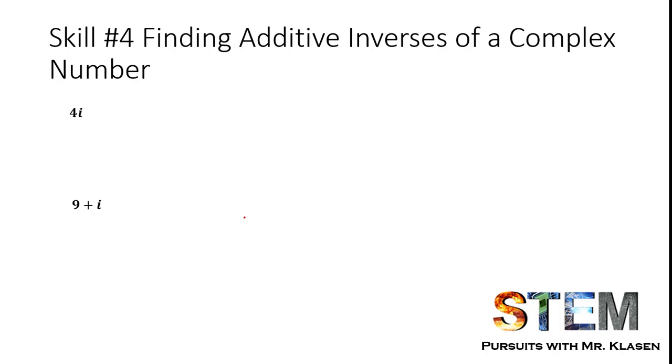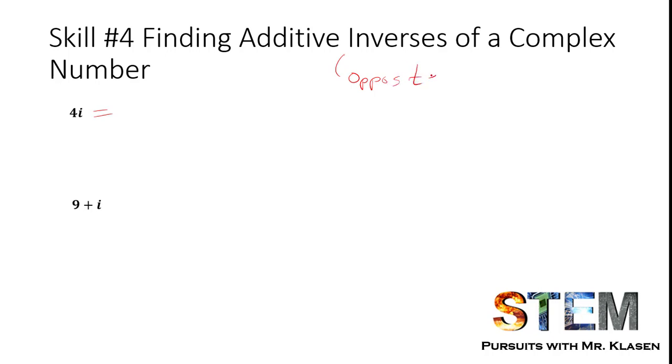So, last thing that I want to look at, finding additive inverses of complex numbers. I'm hoping one of the things you're getting from this idea of complex numbers is that a lot of the mathematical operations we're dealing with here are the same as those for real numbers. When we talked about additive inverses in the very first lesson of the year, lesson 1.1, you saw that an additive inverse of something is simply its opposite.